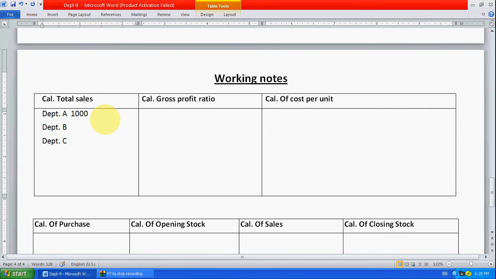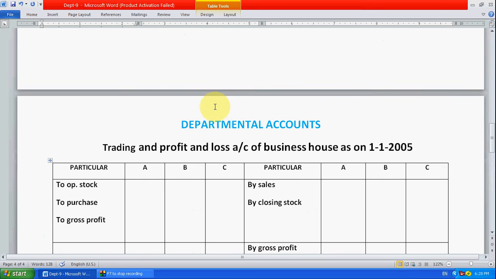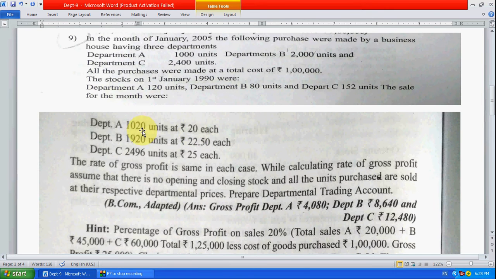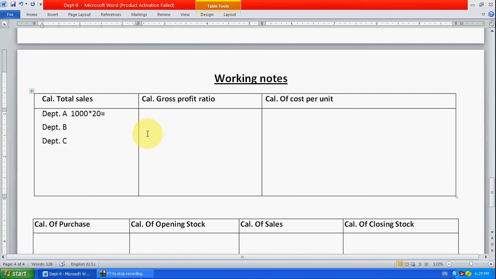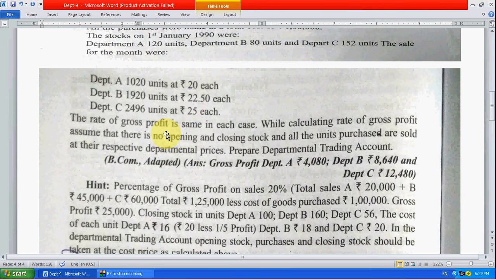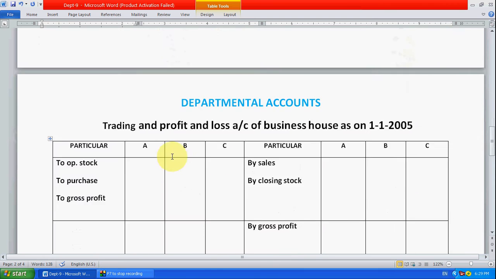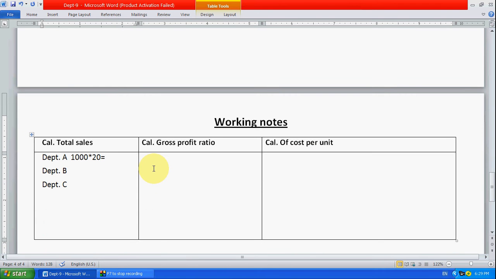A 1000 into the sale amount of 20. Presently we have to take the sale cost per unit, because we don't have the cost per unit of purchase, to start the calculation. The rates are 20, 22.5 and 25. So this is for department 1.